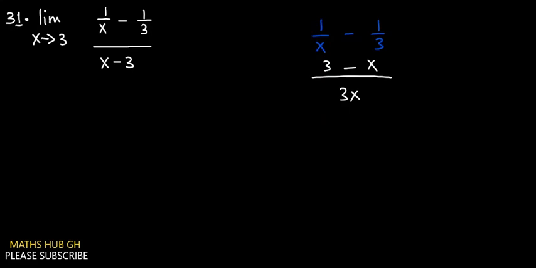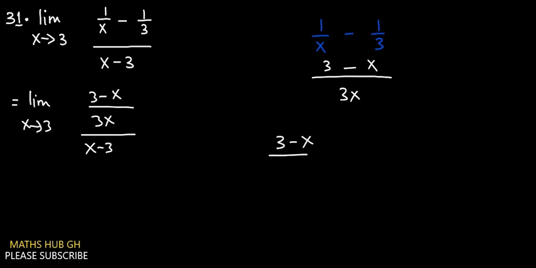So our expression will now become the limit as x approaches 3 of 3 minus x divided by 3x, all divided by x minus 3. I'm going to write it as 3 minus x divided by 3x, divided by x minus 3.